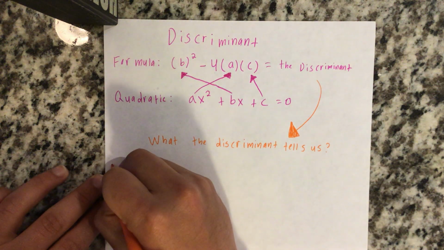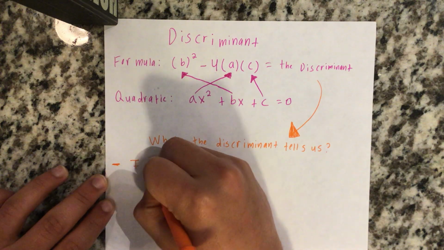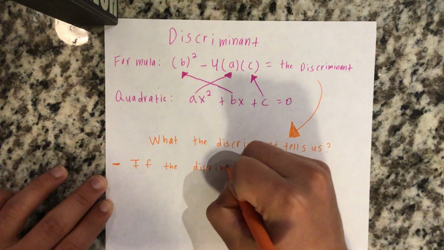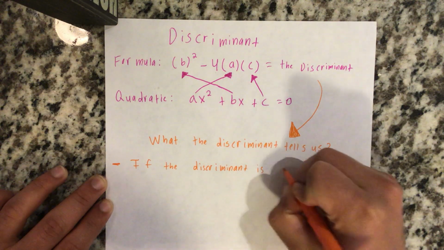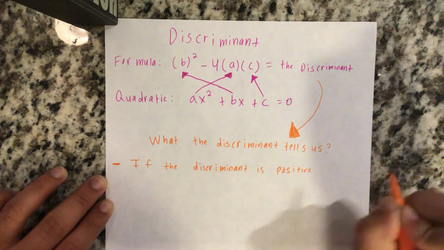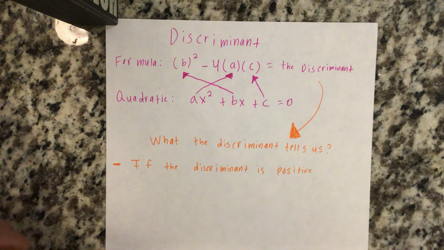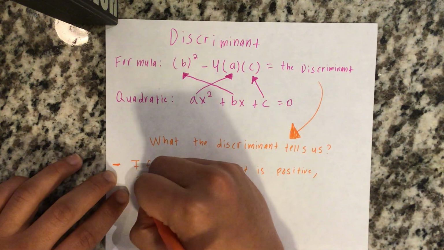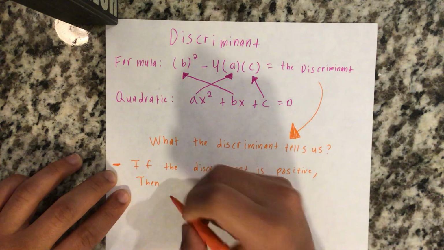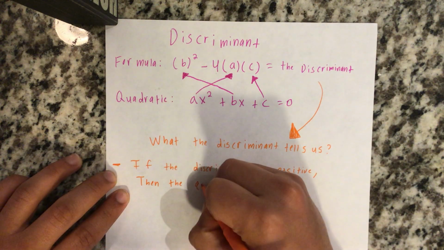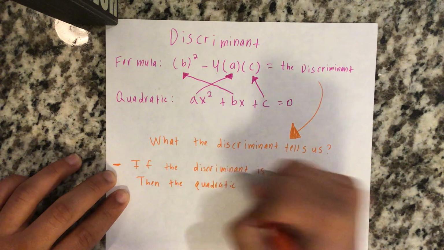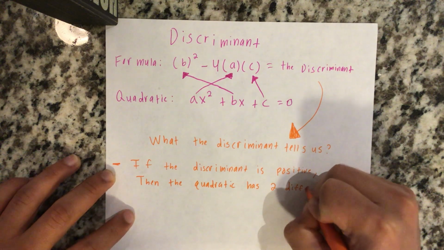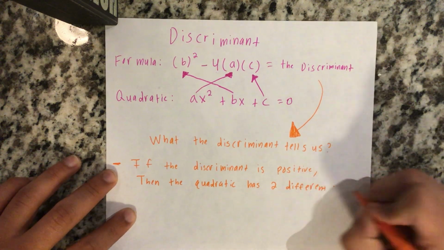So the first option: if the discriminant is positive, say I plug in all of these numbers and I get a positive number, that tells me the quadratic has 2 different real solutions.